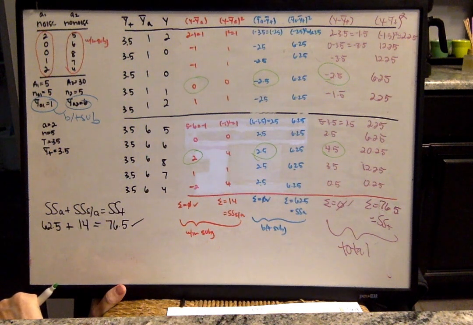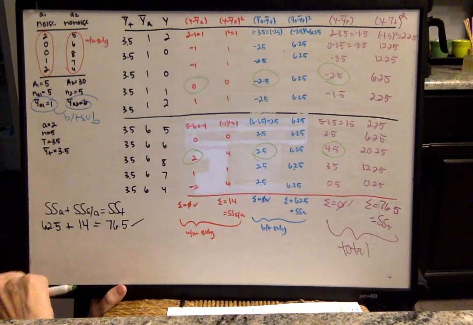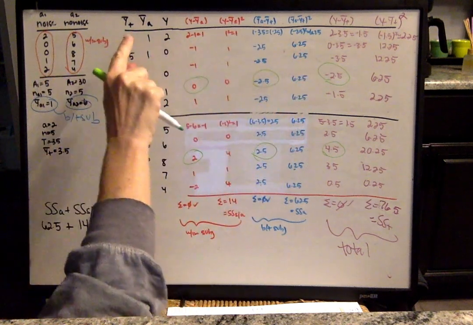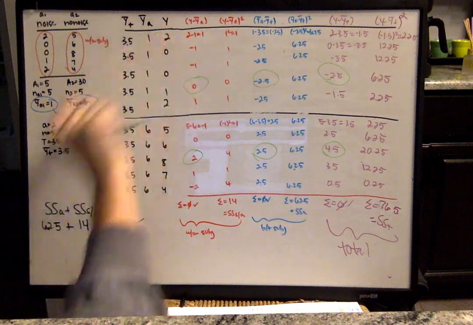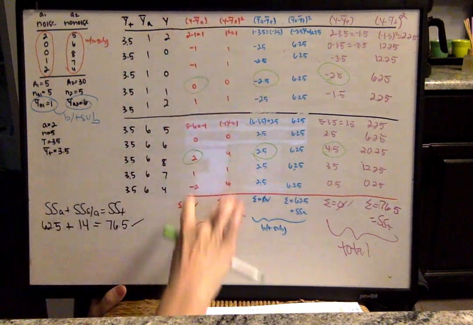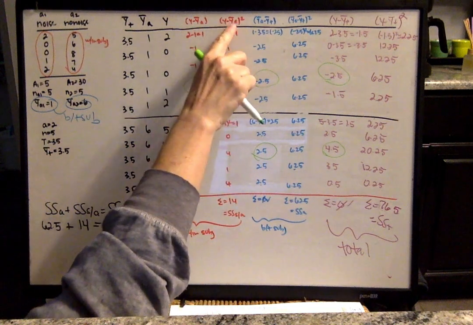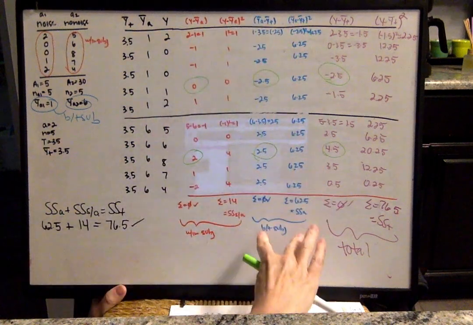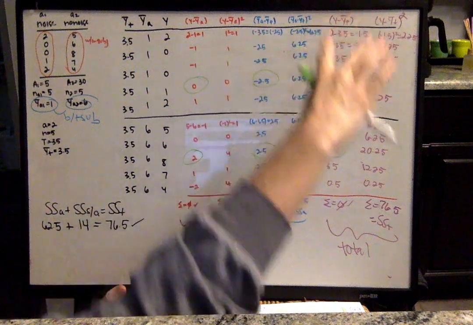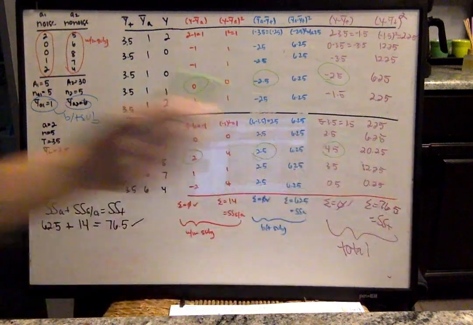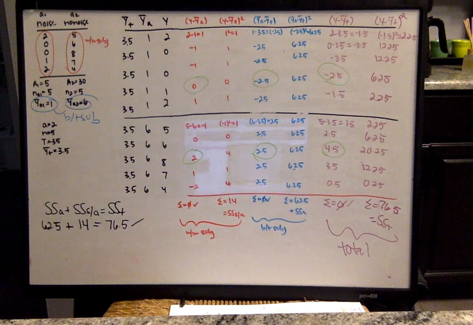You are going to have to do a homework where you recreate this for a different data set. Again, you're going to need 9 columns: your y bar t, your y bar a, and your y. You're going to get the within subjects deviation and square it, the between subjects deviation and square it, and the total deviation and square it. It is going to be tedious.